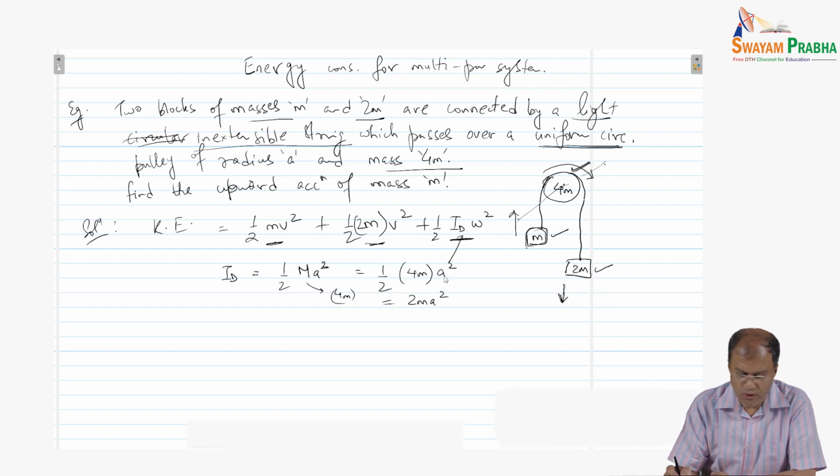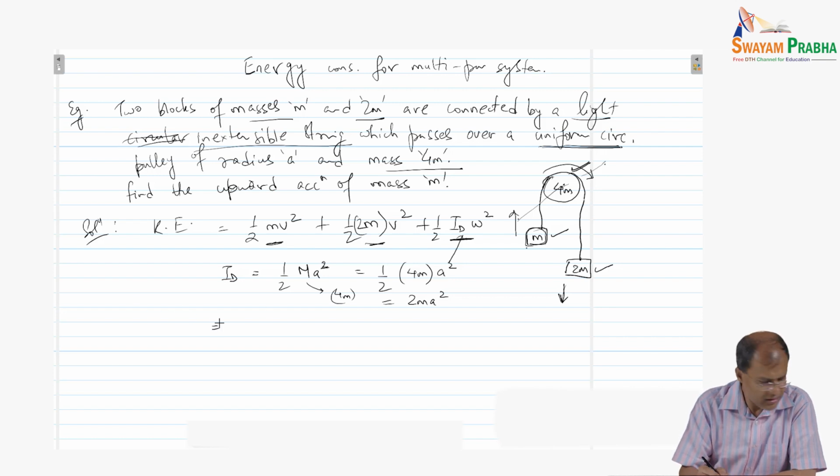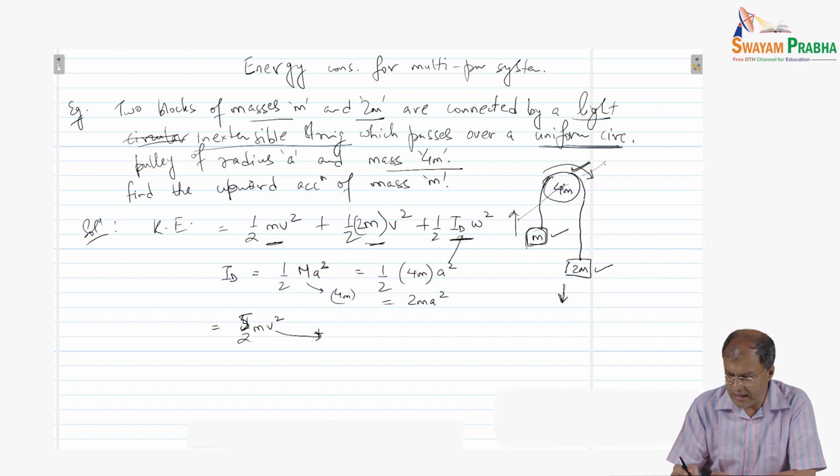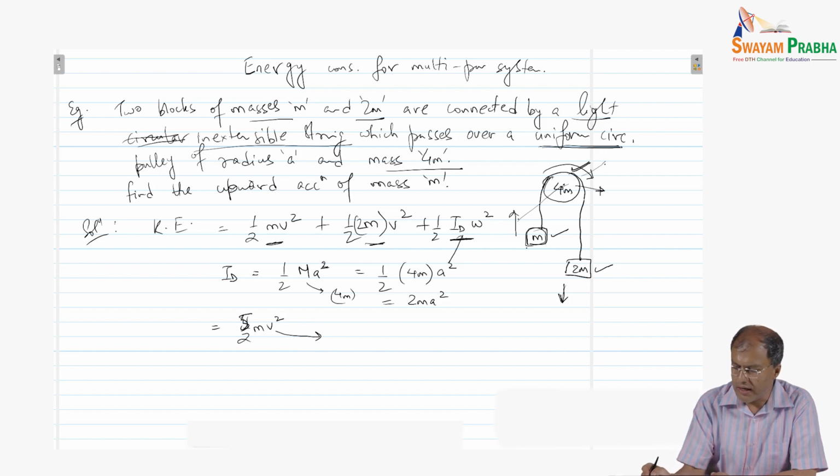Okay, so the total kinetic energy, after substituting everything, is going to be 5 by 2 mv square. Now here we have used the fact that the pulley is rolling.